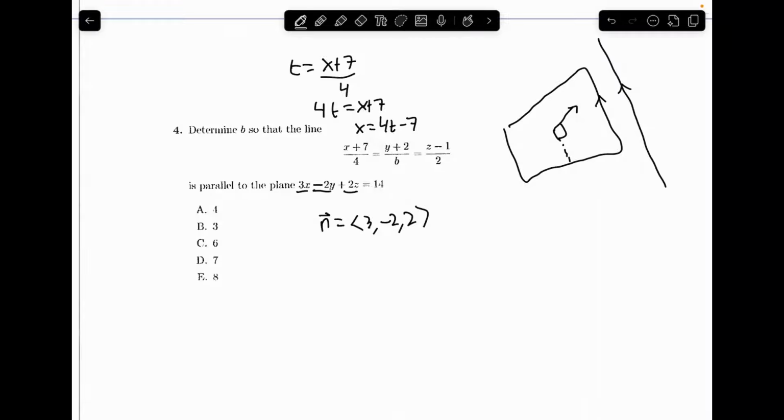You can do this for all of the different components, but the main thing is that the direction vector in the x direction is just going to be 4, which is just the value right here. So you can apply it to the rest of them. I'm not going to do it because you're going to get the same result.